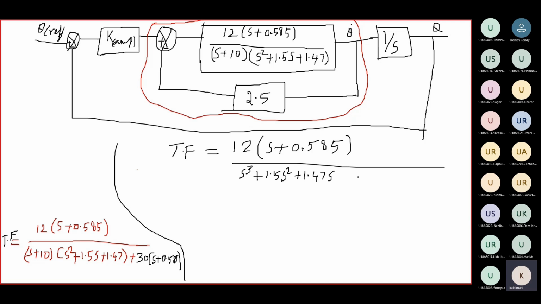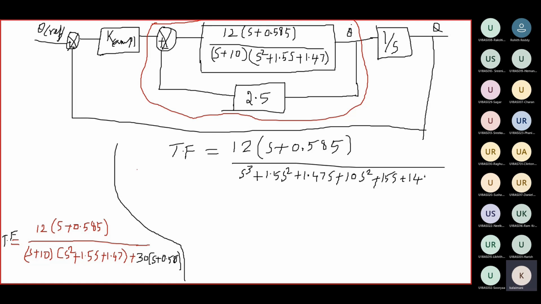Then if you multiply 10 we will get 10 S square plus 15S, then 1.47 into 10 we will get 14.7.